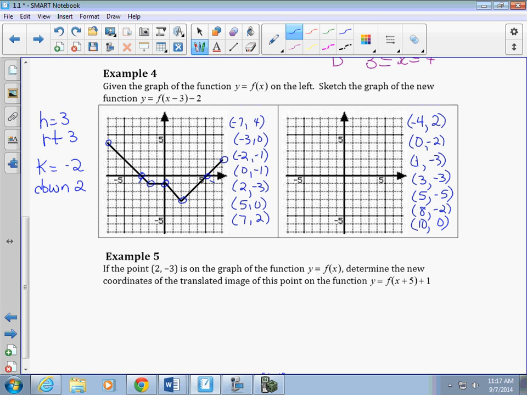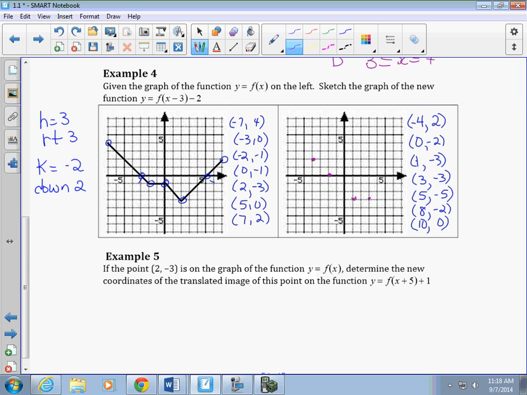So that's going to be where my new points are. So -4 and +2. 0 and -2. 1 and -3. 3 and -3.